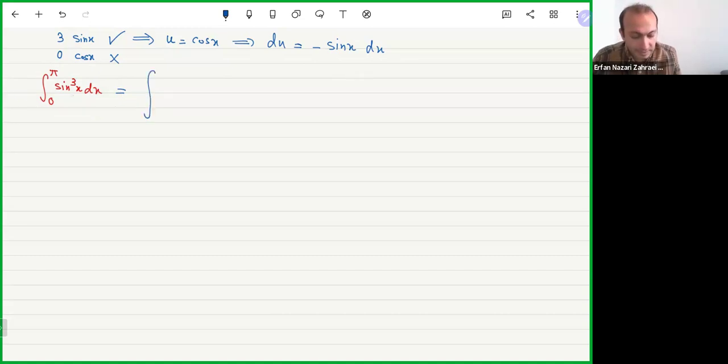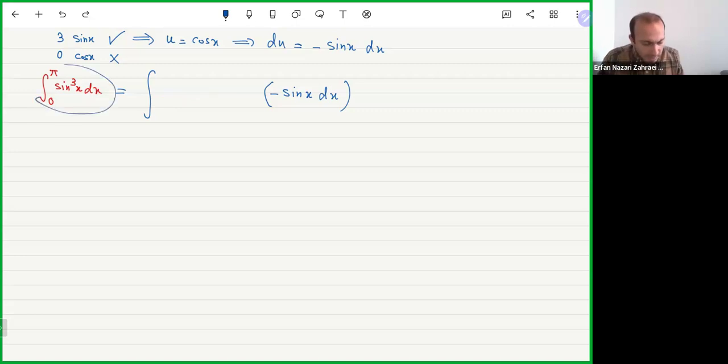Things that I need to do. First, separate or isolate this term, du. So let me write it separately. That's du for me. Then I should write the rest here. What is the rest?